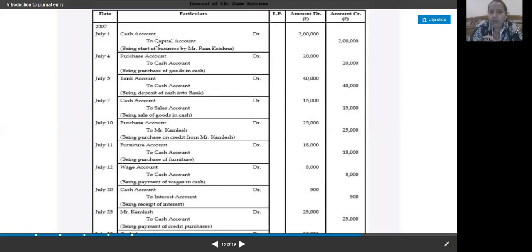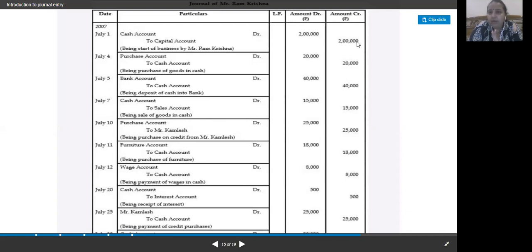Okay, then 'To capital', what is this? Credit. Now where will this start? It will start from somewhere in the middle. On the credit side you first have to leave a little space. Then you will be starting in the next line with 'To capital account', because this is being credited, so debit will be written first, credit will be written next. In the next line you will be writing 'To capital account'. To express credit, you have to mention this word 'To', 'To capital account'. Just see, it's all blank. You are not supposed to write in the debit column.